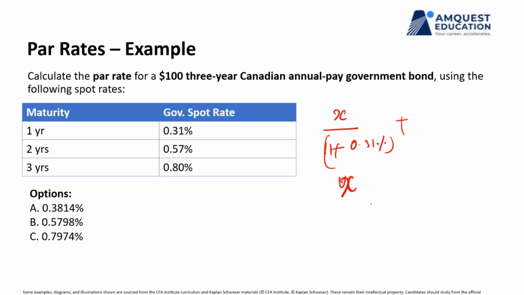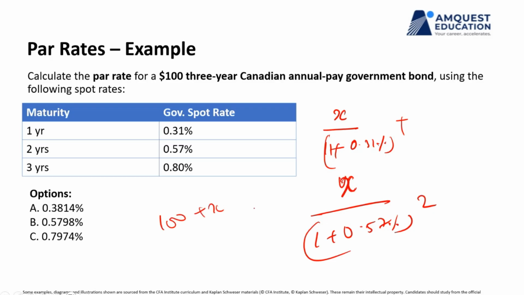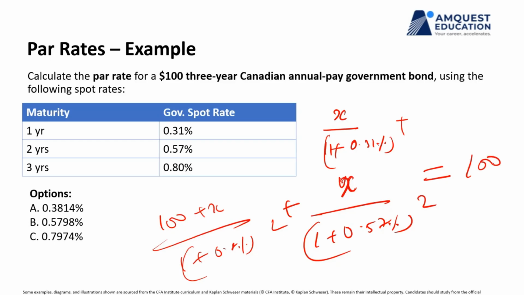You'll also get one more coupon, 1 plus 0.57% raised to the power 2. And in third year, 100 plus X, which is your terminal value, divided by 1 plus 0.8%. And this equation, when added, all the three terms should be equal to the value of the bond at 100.